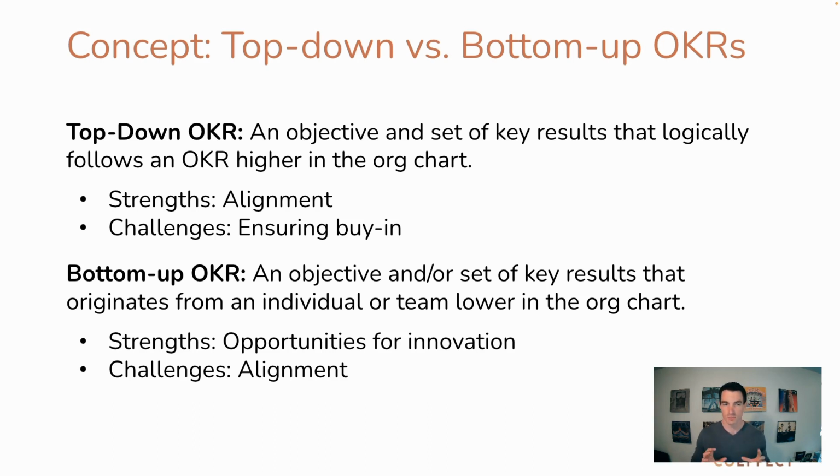The challenge of bottom-up OKRs is making sure that they're aligned. So one of your filters is let's hear all of these different bottom-up OKR ideas, but let's only commit to those that have some very clear alignment to objectives and or key results that are higher up within our organization. In reality, both of these are important. And there should be a balance between OKRs that come top down versus OKRs that are created from your team bottom up.